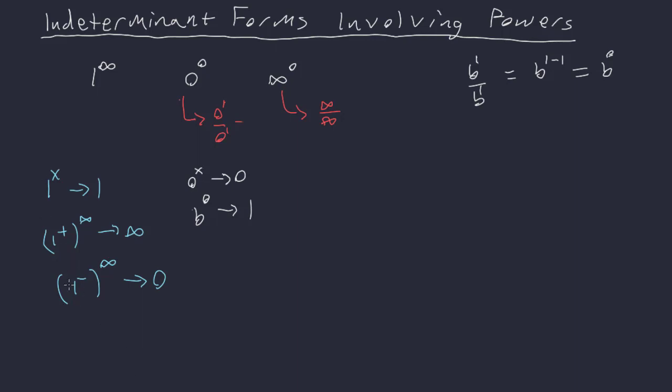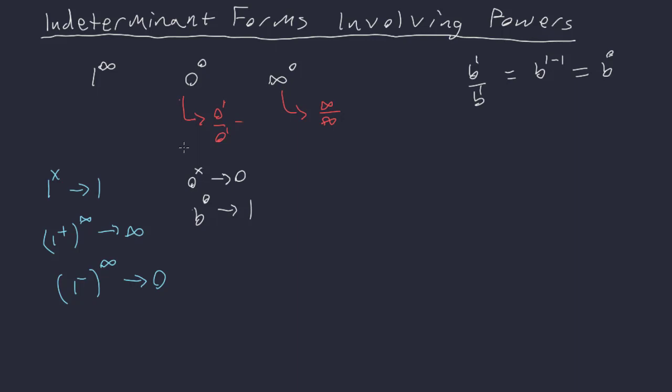So what's happening faster? Is the base going to 1 faster than the exponent is going to infinity? Then we'll get a 1. Is the exponent going to infinity faster than the base goes to 1? Well, then we'll either have maybe an infinity or a 0 depending on how the base is behaving. So that's why these are all indeterminate forms.